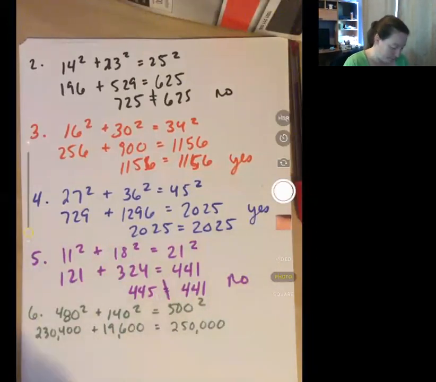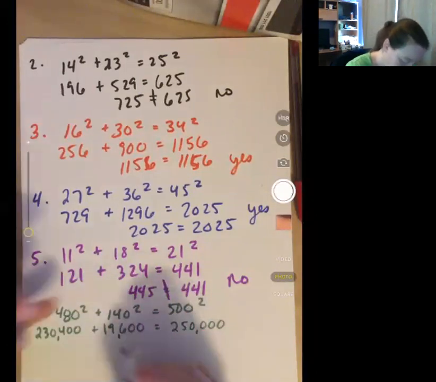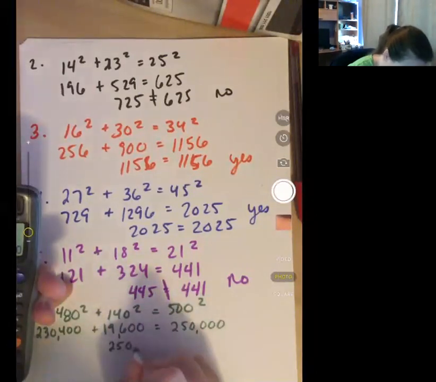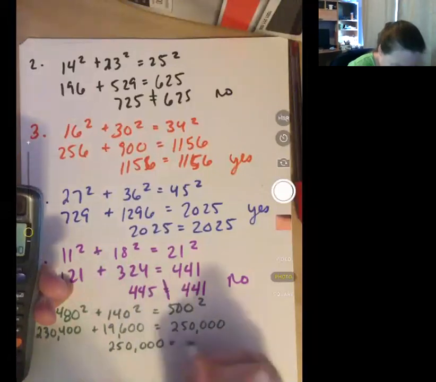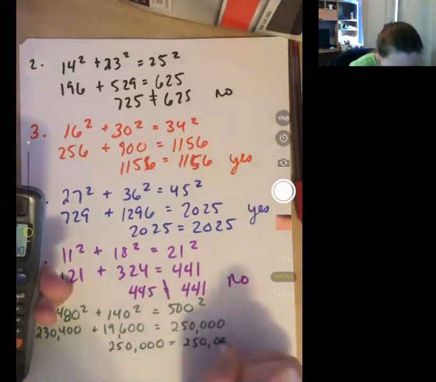Let's add that up, shall we? 230,400 plus 19,600 equals 250,000. Are those equal to each other?